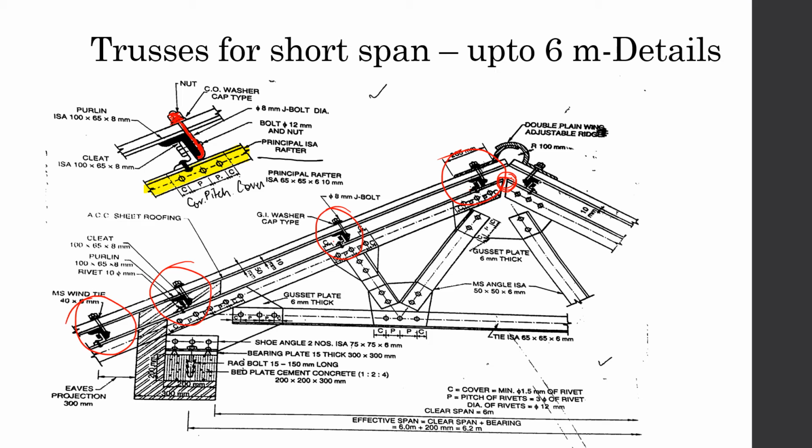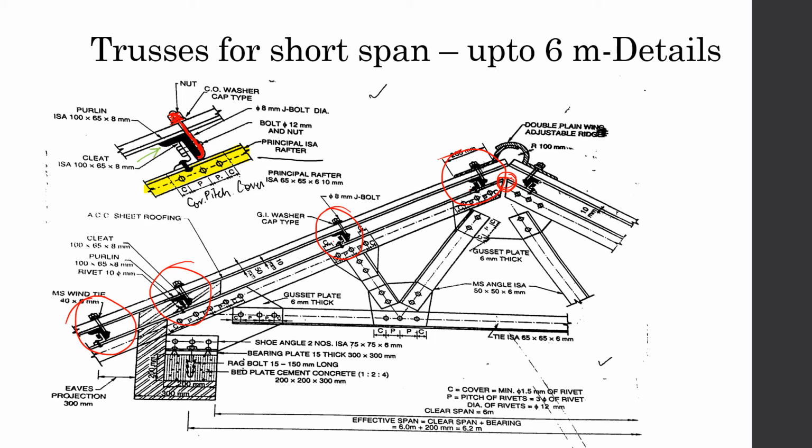So it has a stronger hold on the covering, and it makes a stronger connection, you can say. Now, the one thing which you see in black, which I am pointing out with the green colored arrow, this is the cleat.